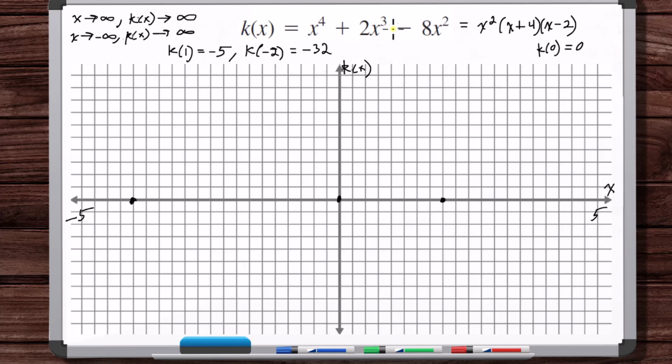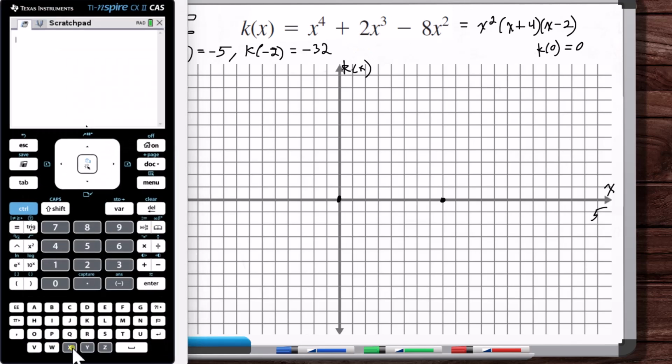Okay, now let's do x to the 4th plus 2 times x cubed minus 8 times x squared. Store that as k. So k of x is equal to, let's go to 3, 63.